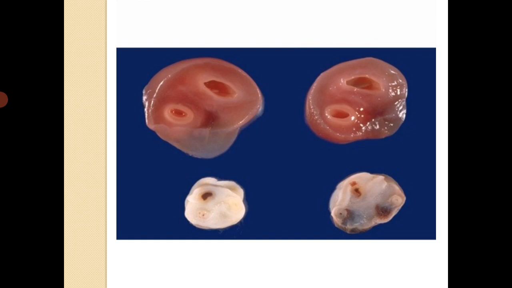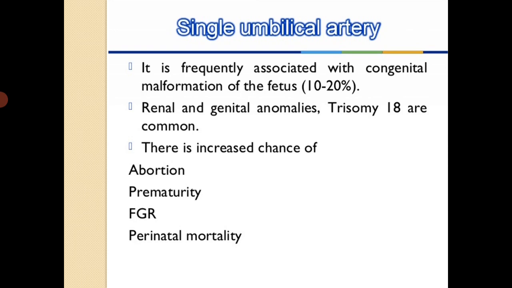Instead of three, only two blood vessels are present here. It is frequently associated with congenital malformation of the fetus. Renal and genital anomalies and trisomy 18 are common in babies born with a single umbilical artery. There are increased chances of abortion, prematurity, growth retardation, and perinatal mortality.